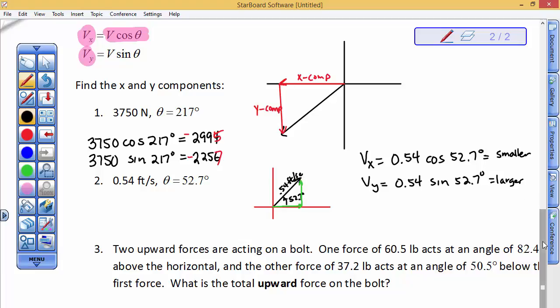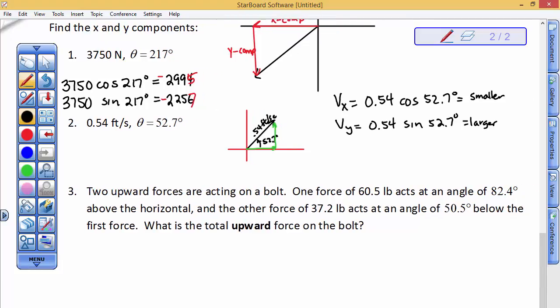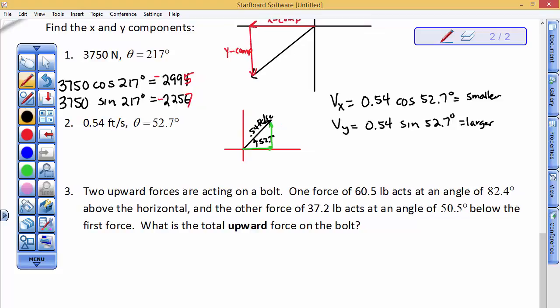Let's talk about this last question. Two upward forces are acting on a bolt. One force of 60.5 pounds acts at an angle of 82.4 degrees above the horizontal. The other force, 37.2 pounds, acts at an angle of 50.5 degrees below the first force. All right, that's a challenging problem. I'm going to have to draw this.